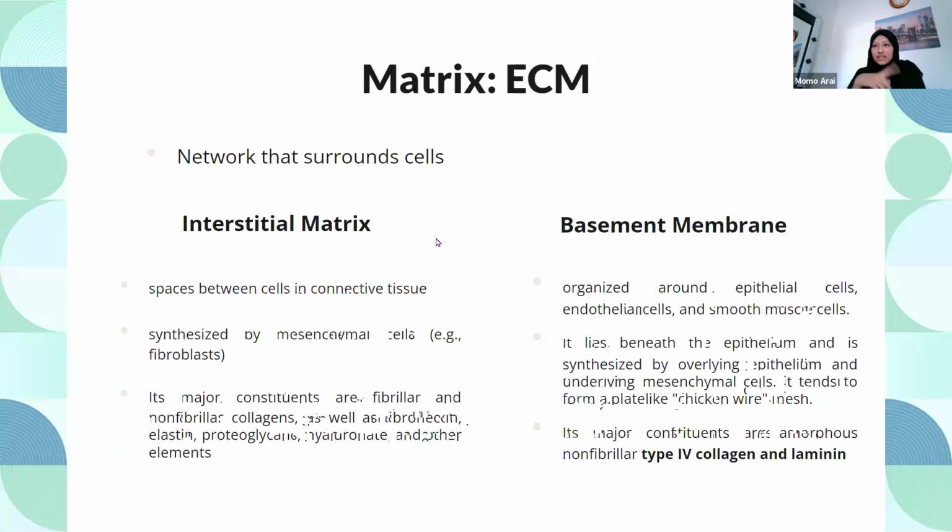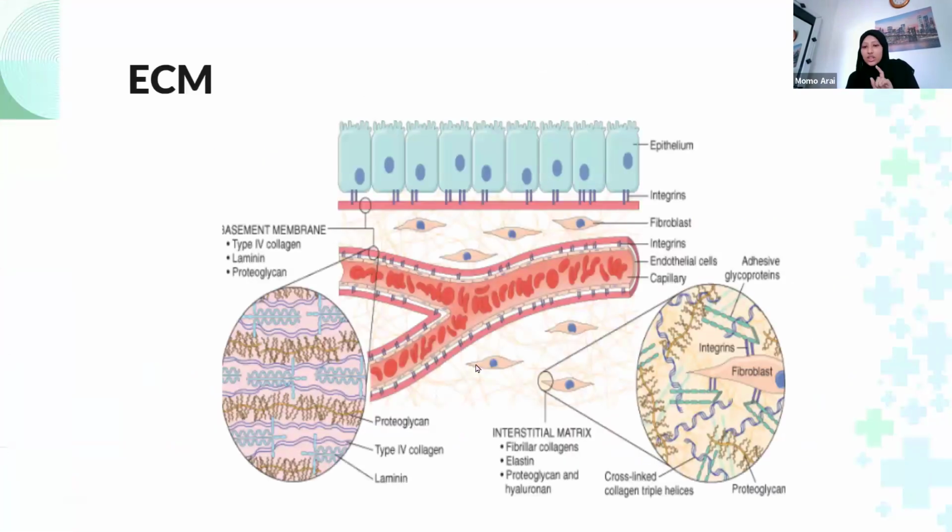Matrix is the network that surrounds cells, okay? Whether it's the interstitial matrix, the water for the cells, or the basement membrane, holding the cells, epithelial cells, blood vessels, and so on. The interstitial matrix is the space between cells. It is made by fibroblasts or mesenchymal cells. So it is made by these cells. They just keep making and making the more support you need.